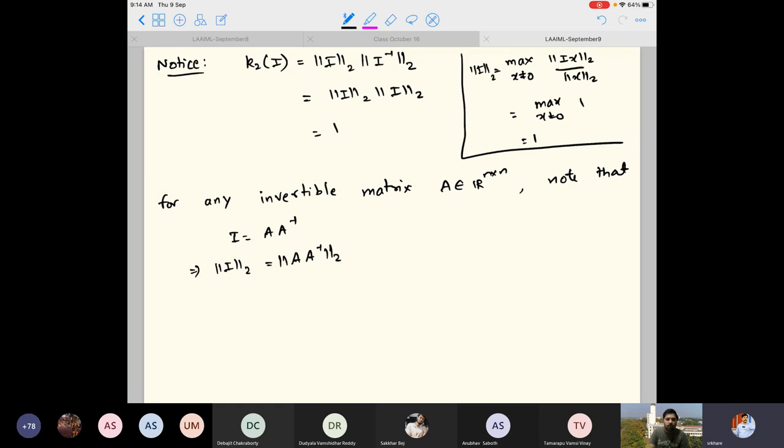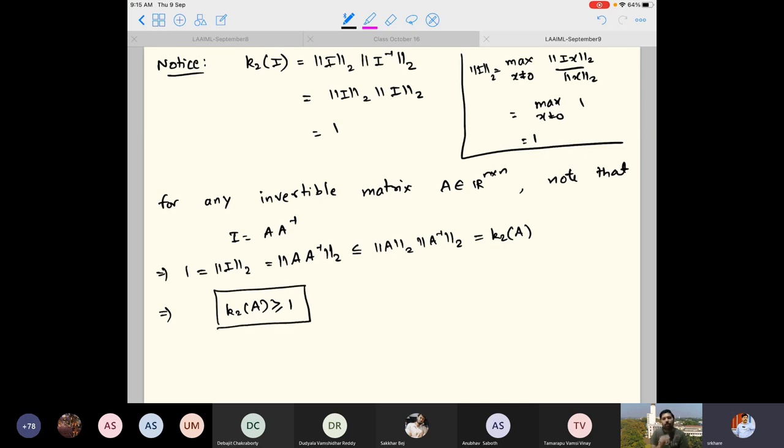So 1 is equal to the 2 norm of the identity matrix, which is equal to the 2 norm of A A inverse. I can write this as norm of A into norm of A inverse, because of the submultiplicative property. And this is nothing but the condition number of A. So we get that the condition number of A is always greater than or equal to 1. So the best possible value of the condition number is 1.